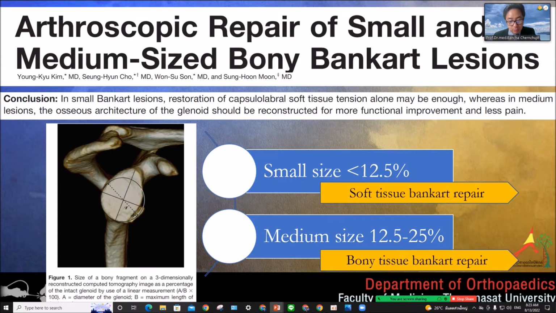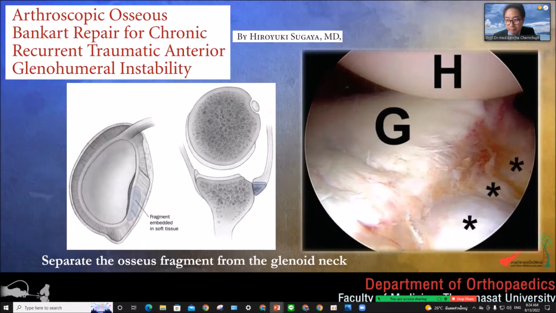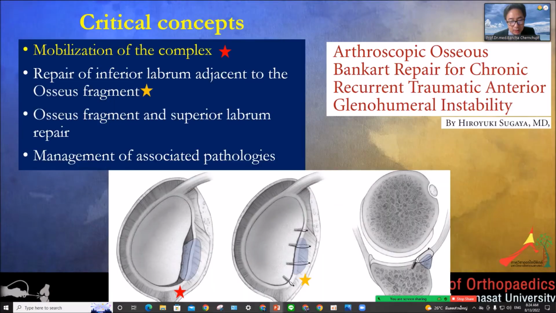If the size is small, less than 12%, you can do a soft tissue Bankart repair. But if it's bigger than that, we should do a bony Bankart repair. Hirosugaya proposed a technique for bony Bankart repair.